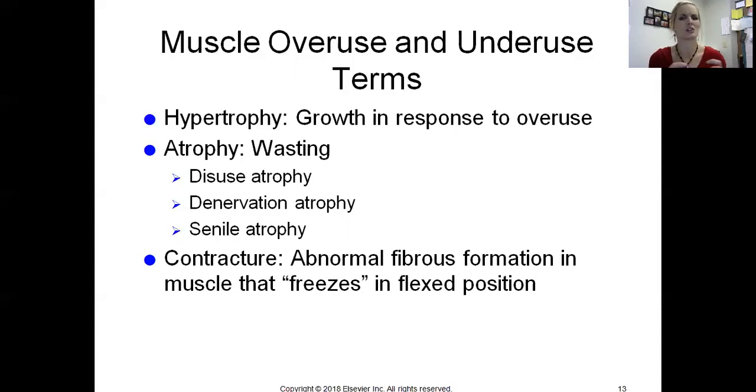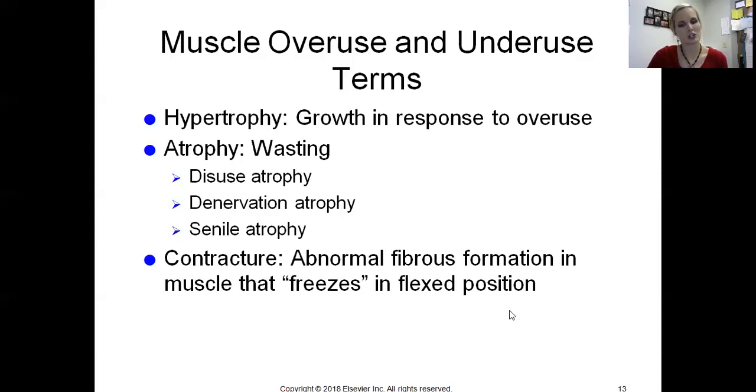For some reason, the nerve is not connecting to the muscle the correct way. So that would cause the weakening of that muscle. Or senile atrophy. Sometimes in old age, disuse takes place, and the weakening of the muscles happens.